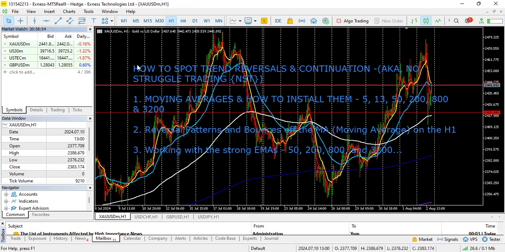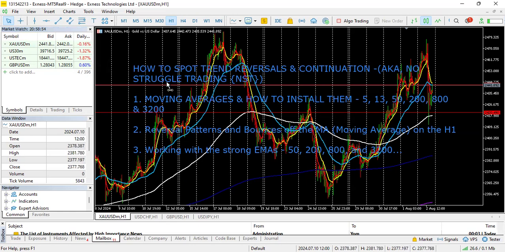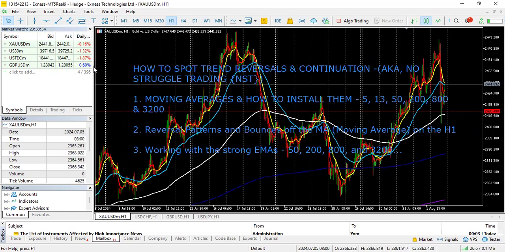Gold is my favorite pair, and it's easy for me to work with. Actually, what I'm going to teach you today works best with gold. I think it could work in other areas too, but I'm not focusing on them.